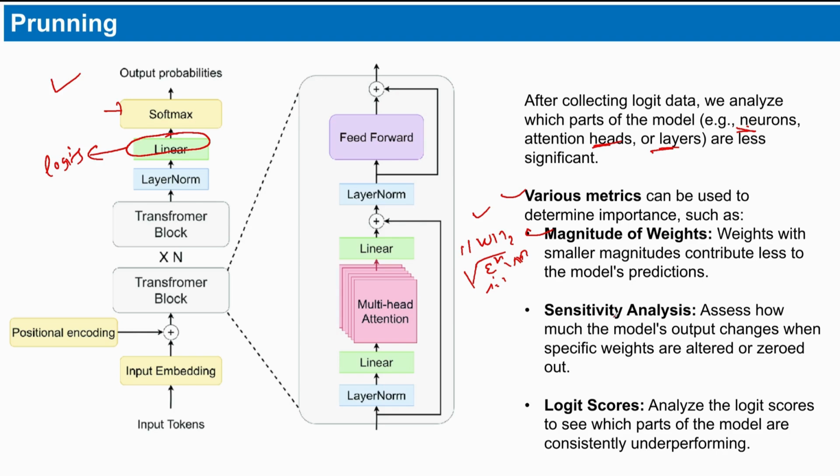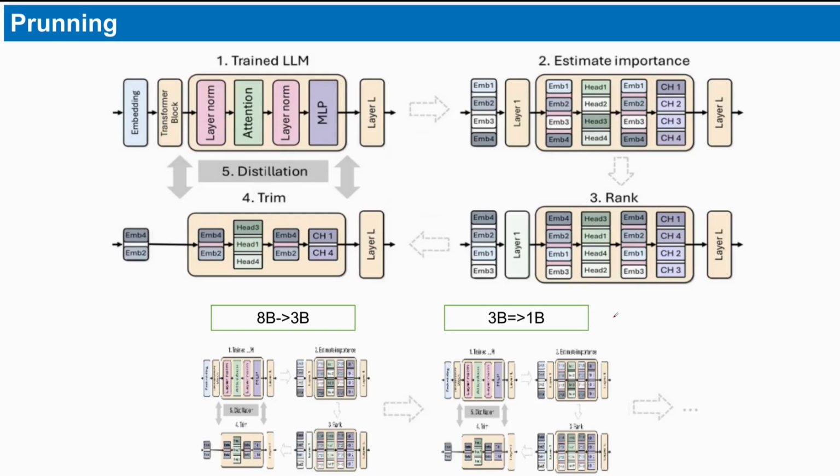Okay, so how are they actually doing it? In one of the blogs I saw the explanation very well, so I will tell you how they do it. There are a total of 5 steps in order to prune plus distill. First, they take the large model, the trained LLM. Then they estimate the importance.